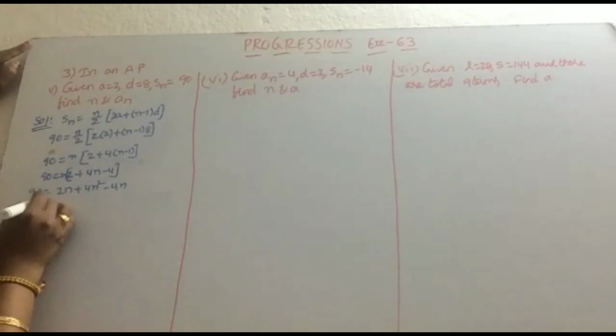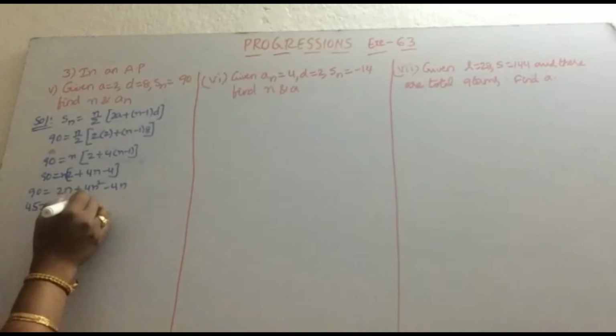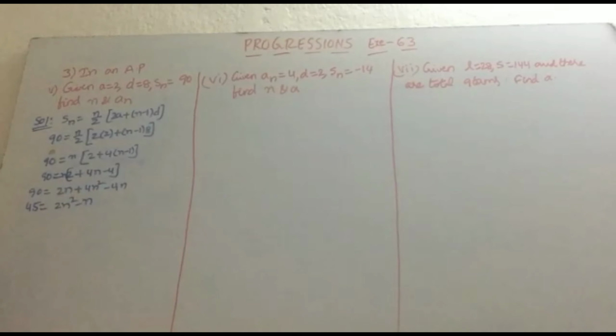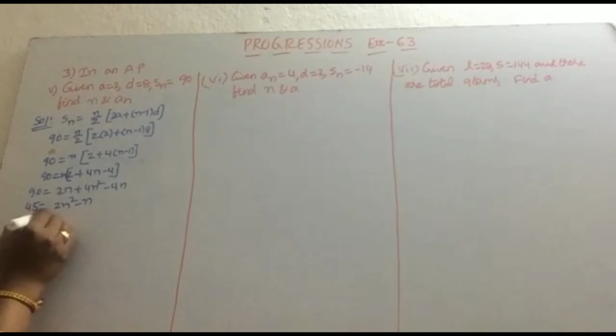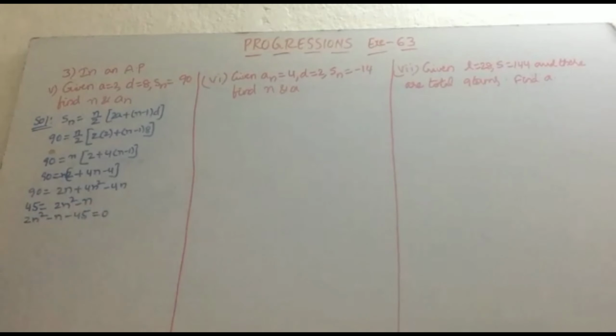So 45 is equal to, here 2n minus 4n, that is minus 2n, so 2 cancel. So 2n square minus n, 2n square minus n.